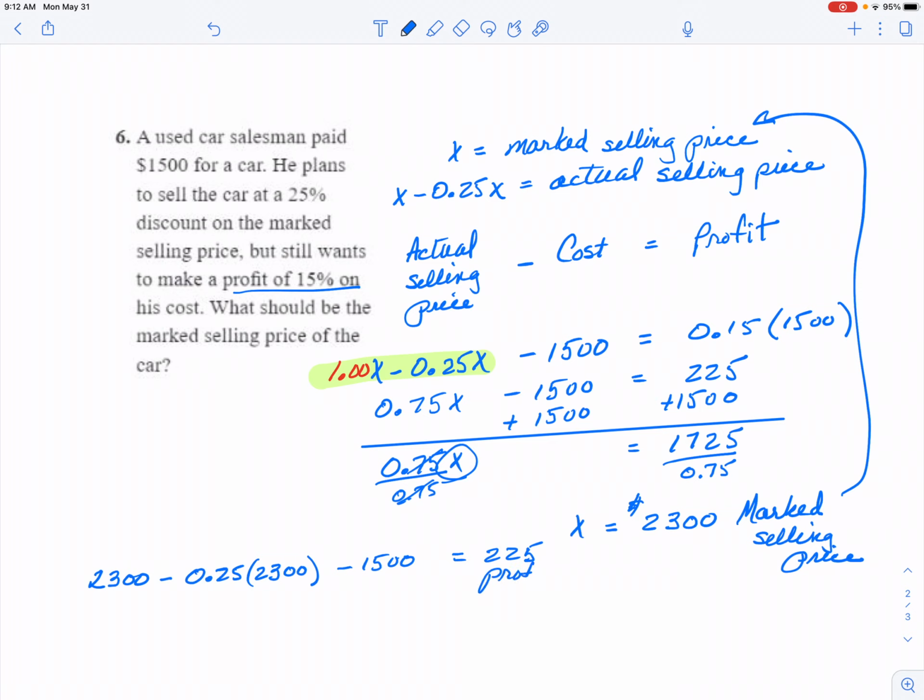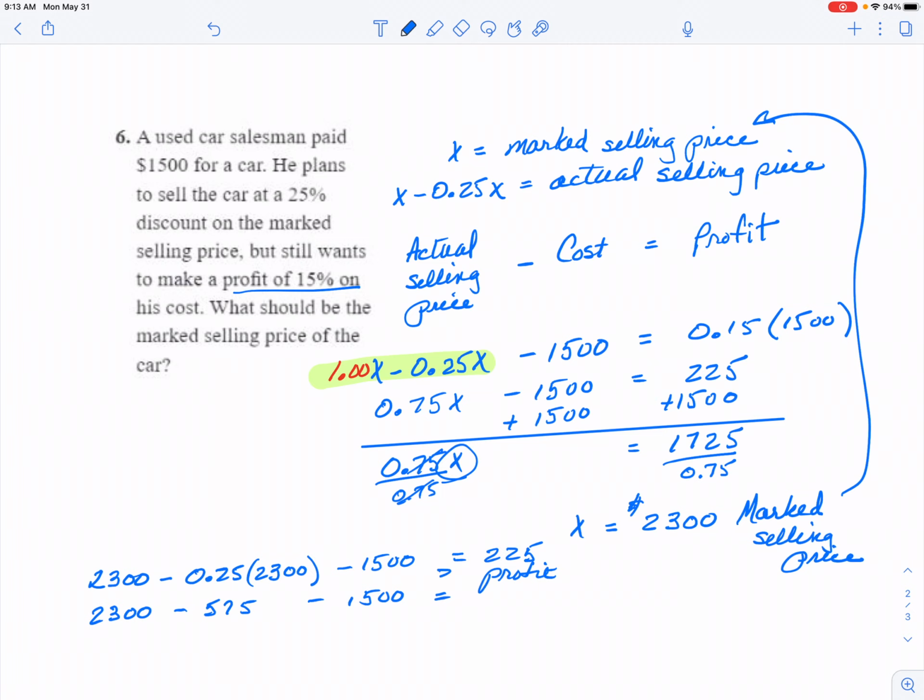$225 in profit. So let me see if I can, hold on, I need my calculator to do this. I thought I had it and I don't. I think it's $575, but let me be sure. Yeah, $575. So this is $2,300 price tag minus $575 discount minus a $1,500 cost.